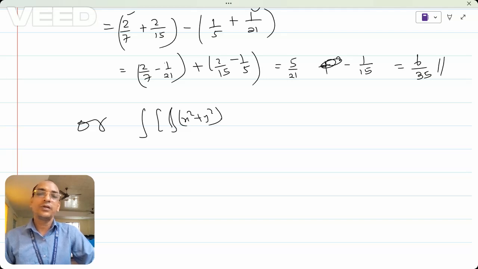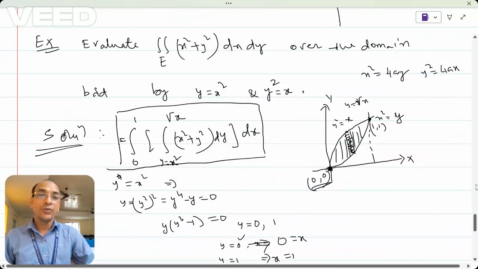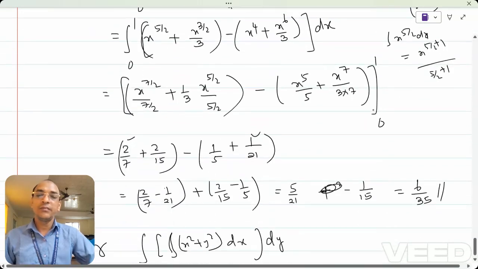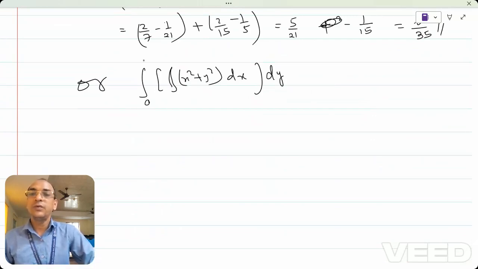This is the integration, x you can write and then y. So the outer integral always has a constant limit. So the y value from the graph, you see, y here is 0, y here is 1. So y is from bottom to top, that is 0 to 1 only. So the y limit will be 0 to 1.